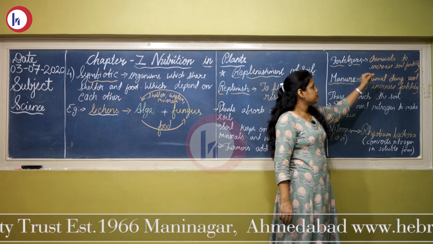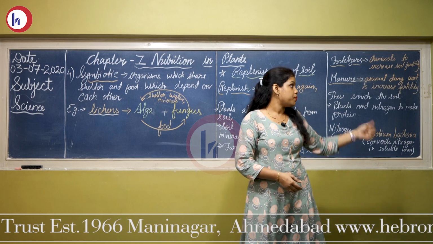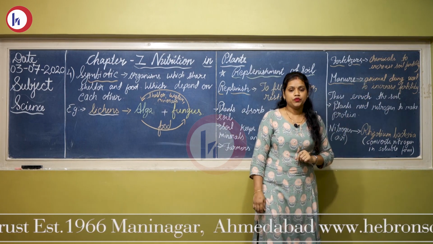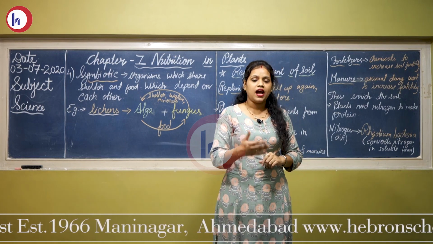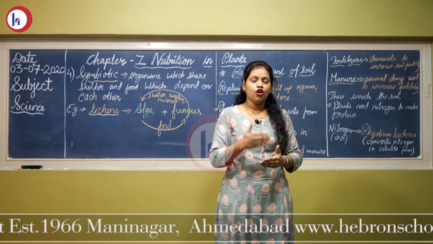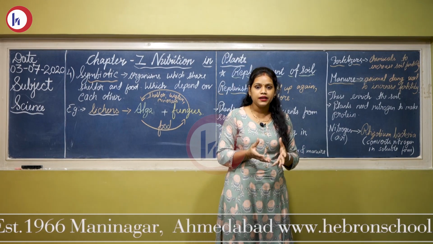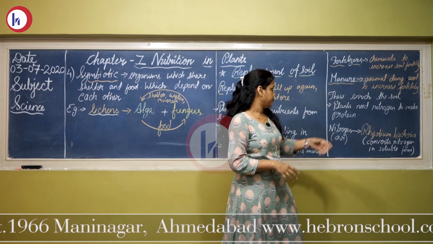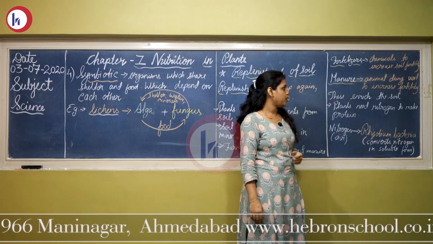What are fertilizers? These are chemicals added to increase soil fertility. And what is manure? Manure is animal dung used to increase fertility. So farmers add fertilizers and manure so that after one crop is harvested, the field has proper nutrients for another crop to grow. These fertilizers and manures help the soil to enrich.